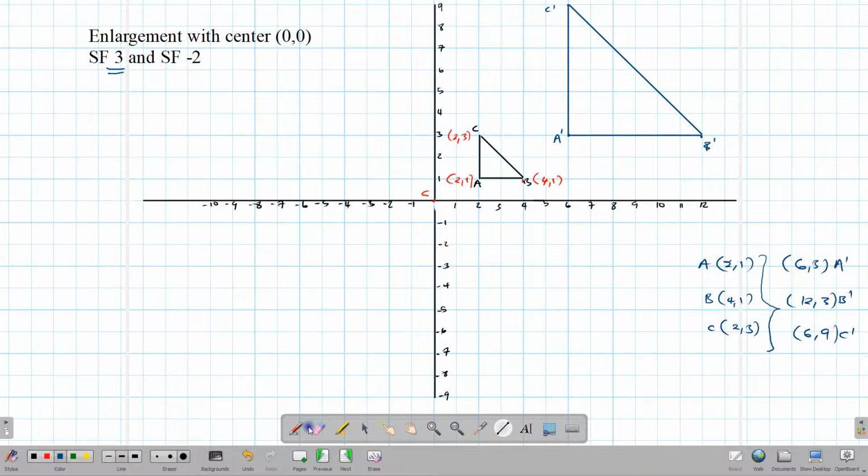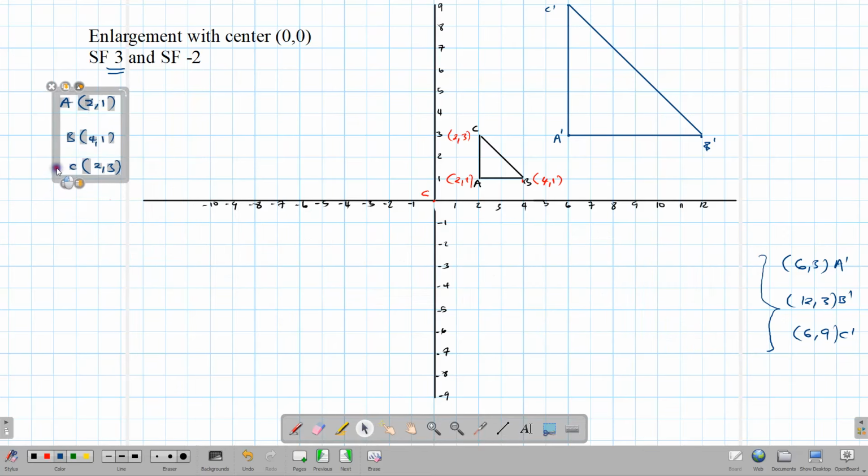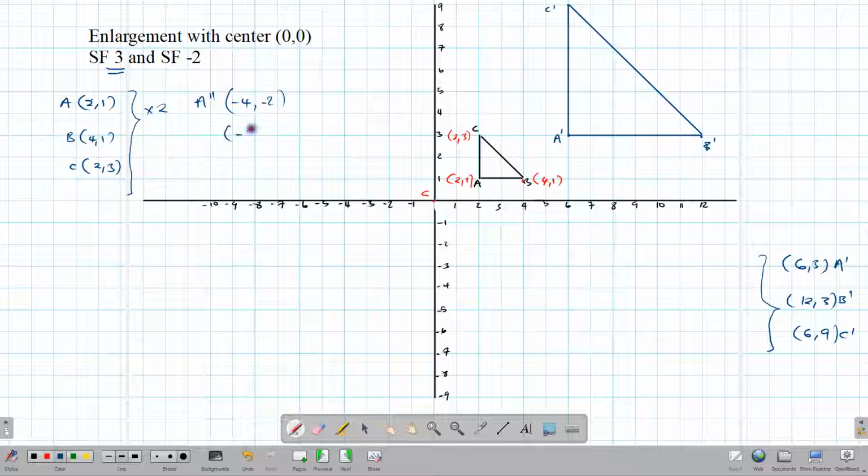Now, if we're using a negative scale factor, then we want to multiply these points by -2, because -2 is what our scale factor is. So we're just going to multiply them out by -2. Multiplying by -2, A double prime should give us -4, -2. Multiplying here gives us -8, -2, and here we get -4, -6.